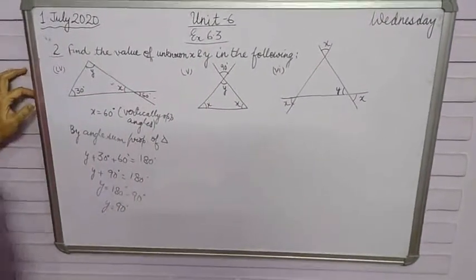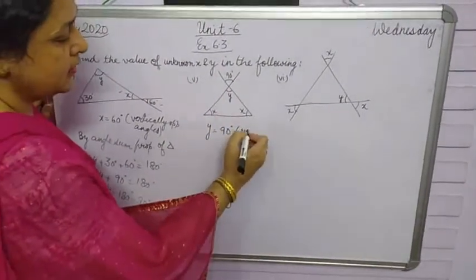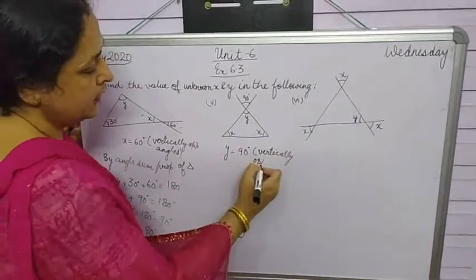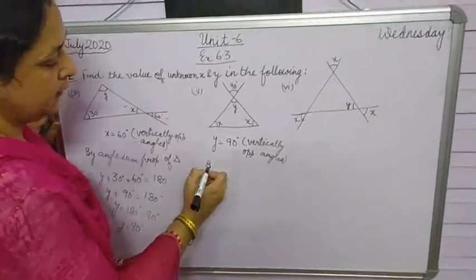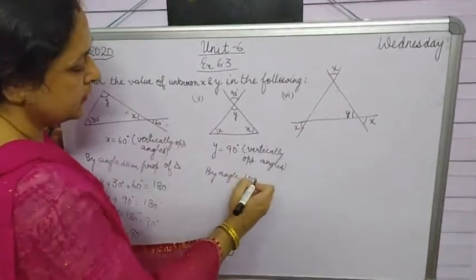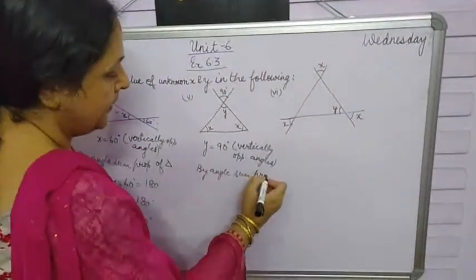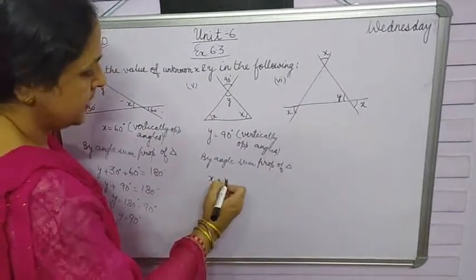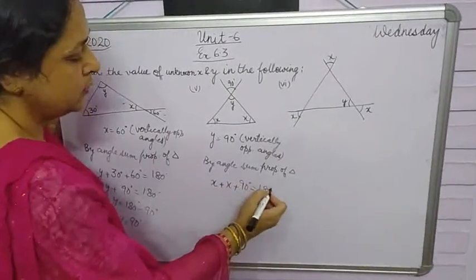Now in the fifth part, again as you can see, y and 90 degrees are equal because these are vertically opposite angles. Now again apply the angle sum property. So by the angle sum property of a triangle, x plus x plus y, and y here is 90, is equal to 180.